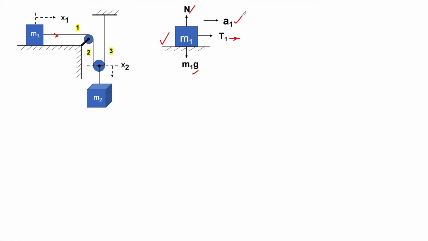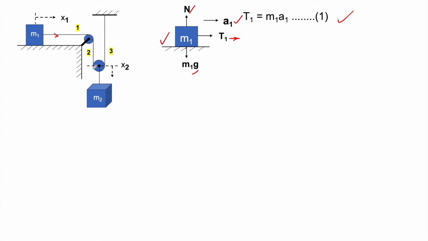So writing Newton's second law of motion equation for this block, we can say that T1 equal to m1a1. The net force acting along the horizontal direction is only the tension force T1, and due to this force, acceleration a1 is produced in this block. Therefore, we can write T1 equal to m1a1.